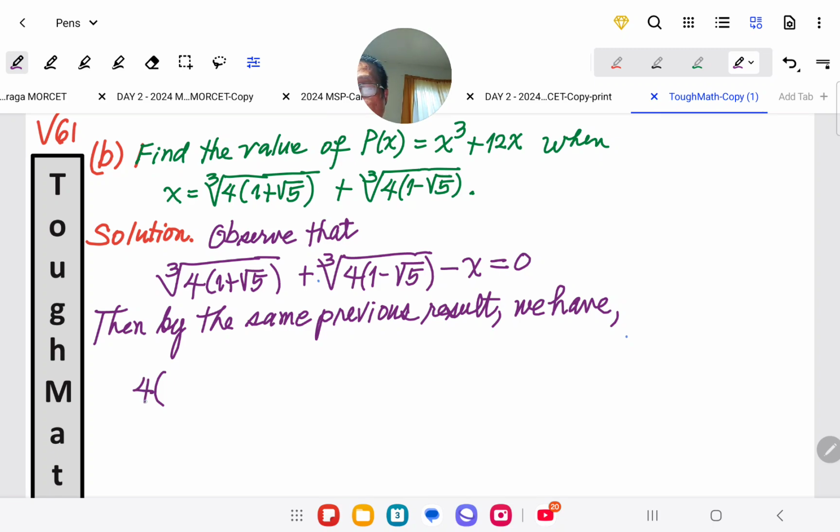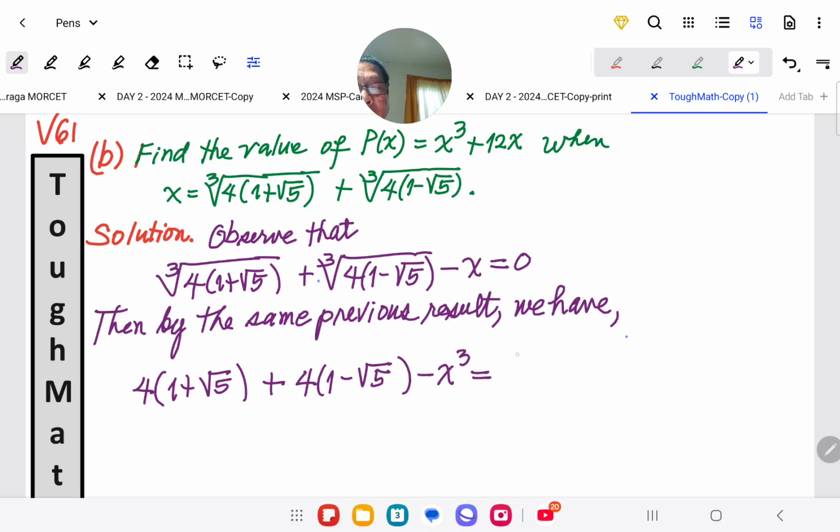So this is just 4(1 + √5) plus 4(1 - √5) minus x^3. Okay.